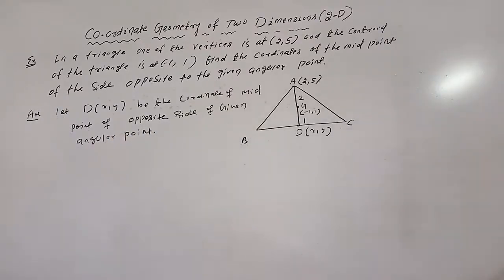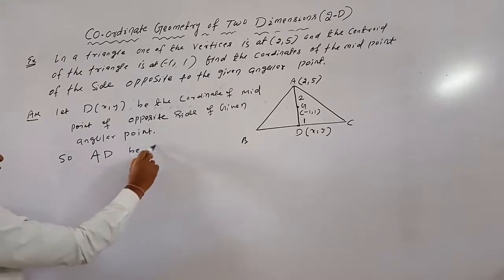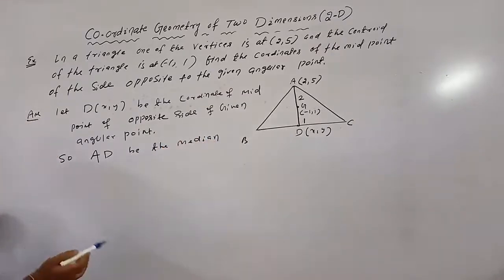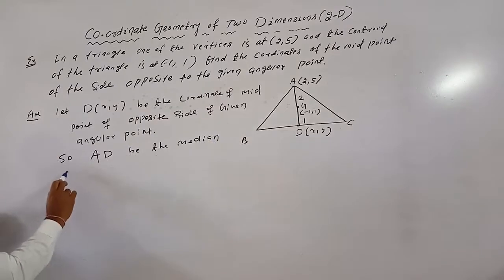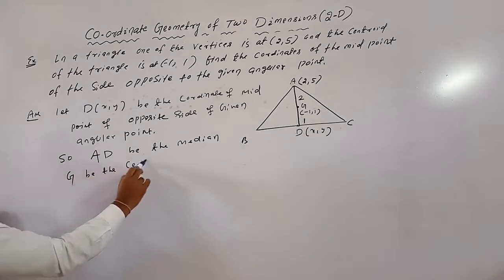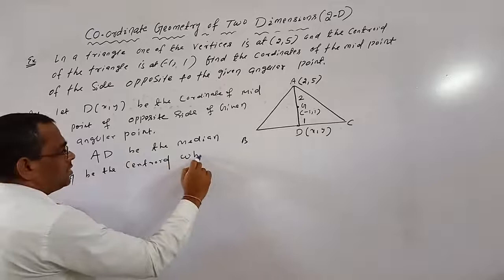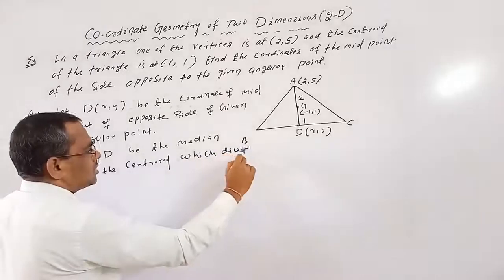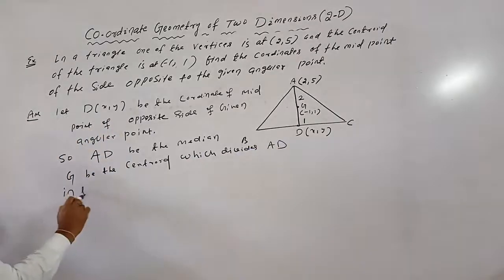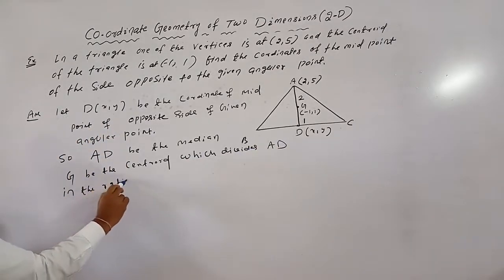AD be the median, and G be the centroid, which divides AD in the ratio 2:1.